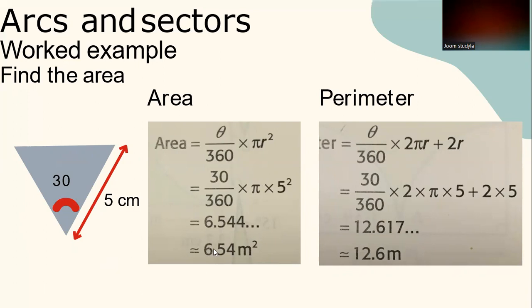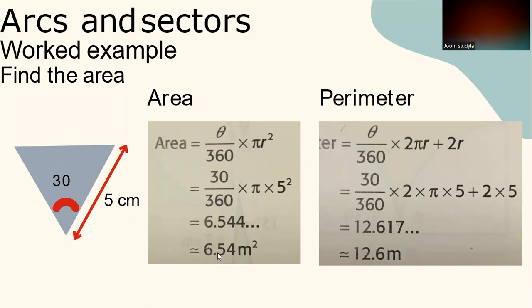So to find the area means degree divided by 360 and multiply by pi r squared. So you replace the value of 30 over 360 times 3.142 times 25.